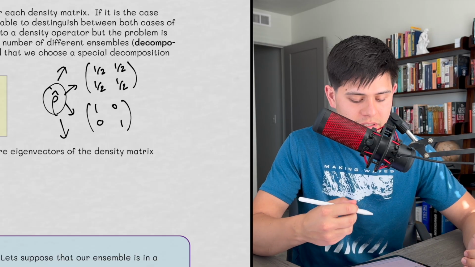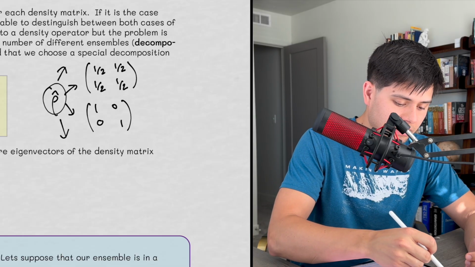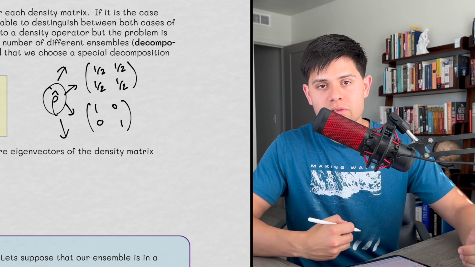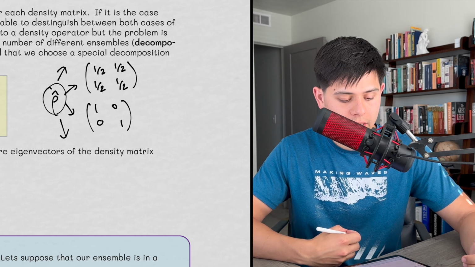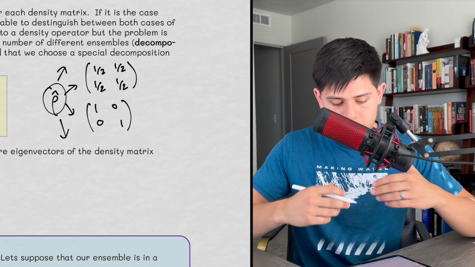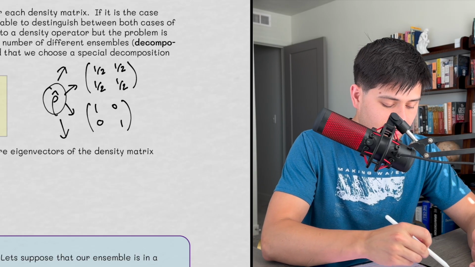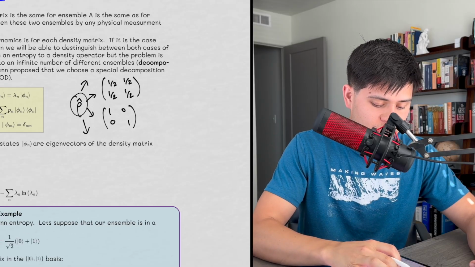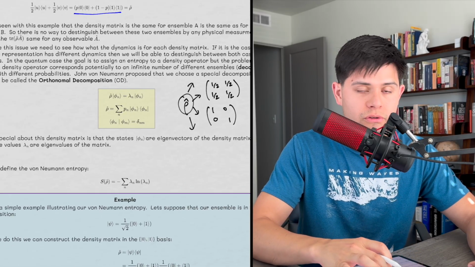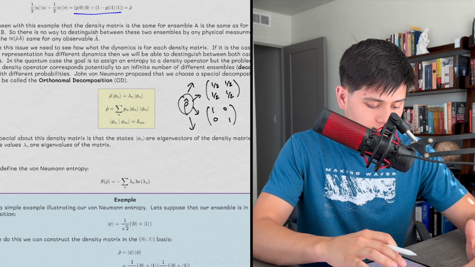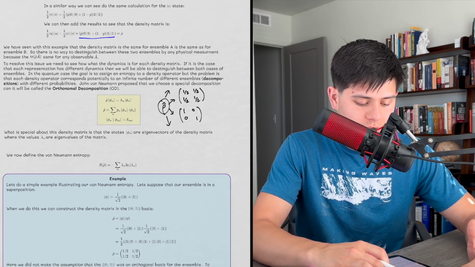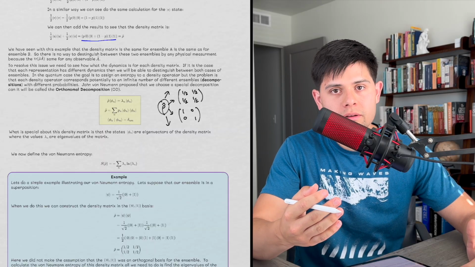But what we'll be able to see is that what makes these representations unique is their eigenvalues and their eigenvectors. Okay, and we'll see how we can use the eigenvalues and eigenvectors to our advantage to be able to distinguish which rho matrix to use in certain cases. Okay, so this is where the John von Neumann entropy comes into play.